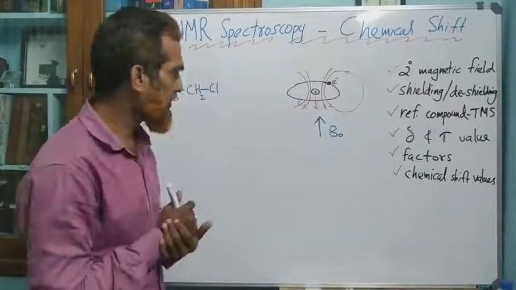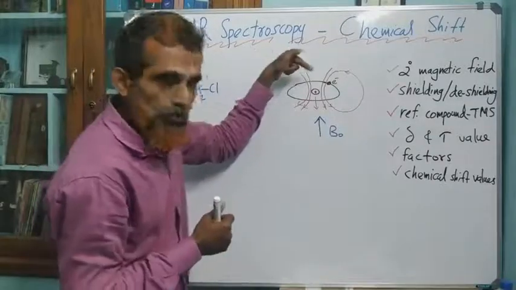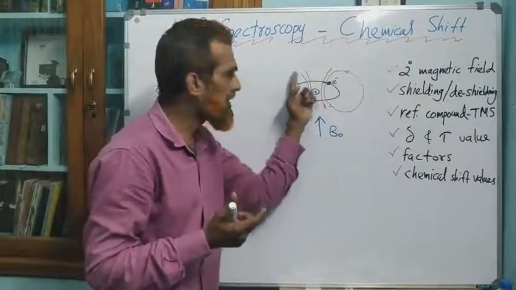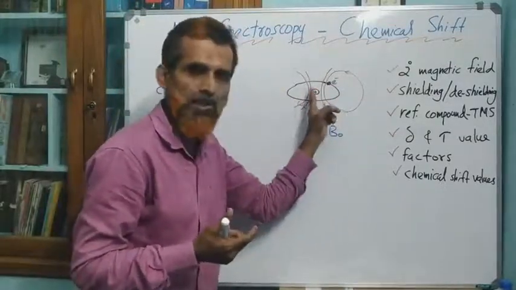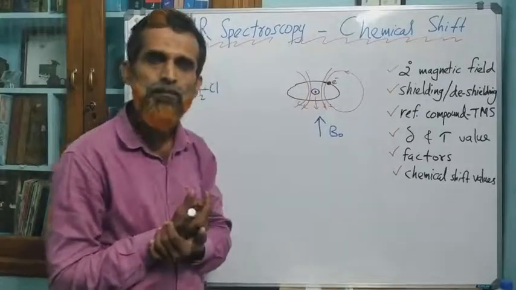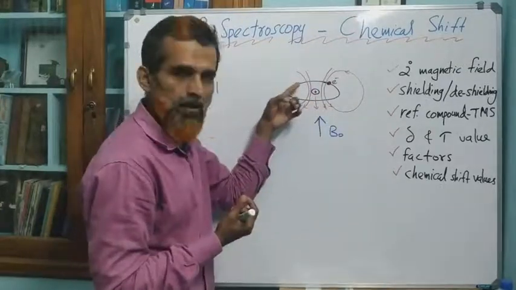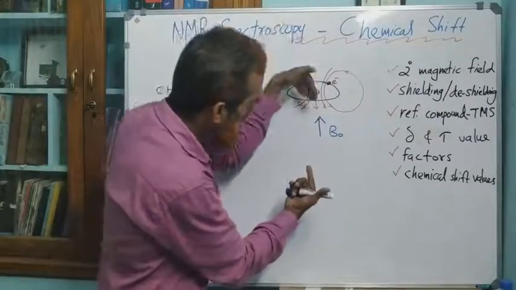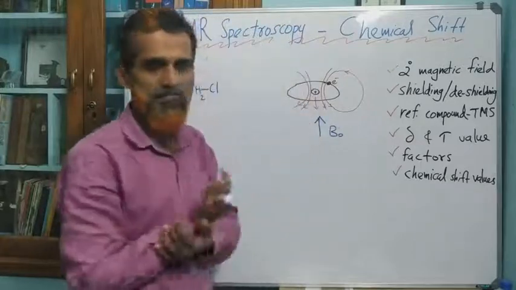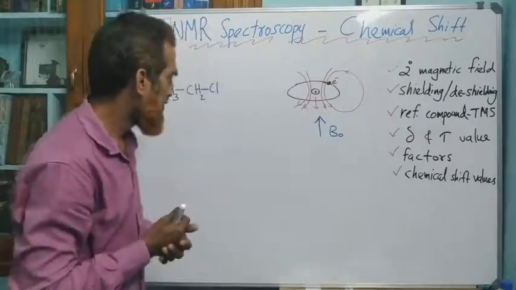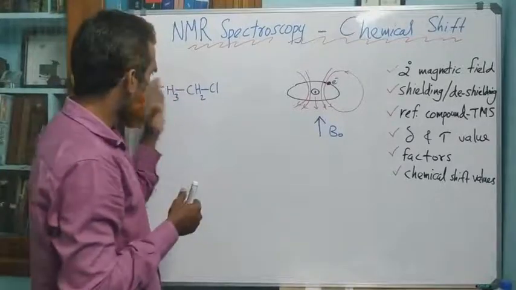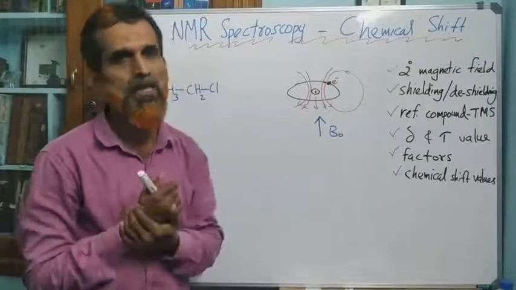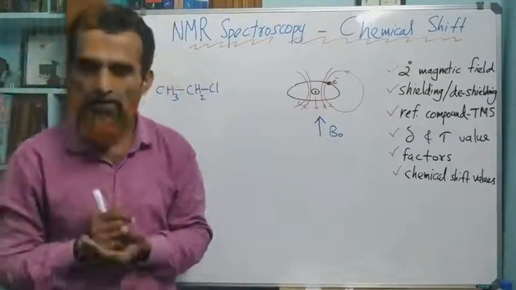In the previous class we have learned that the secondary magnetic field generated by the circulating electrons around the nucleus of the proton will reduce the applied field, or it will shield the applied magnetic field, so that different protons in a molecule will absorb at different radio frequency, giving different signals in NMR.